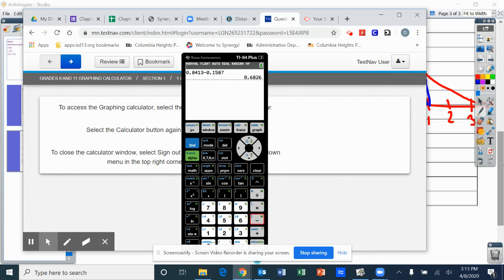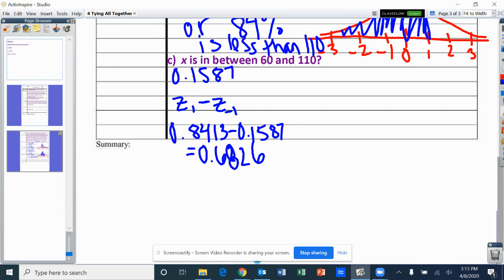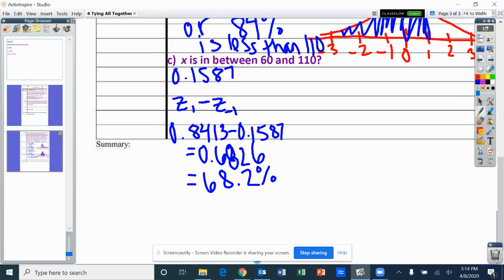And we get 0.6826. Or, because it's within 1 standard deviation of the mean, we get about 68%. Again, that goes back to our 68, 95, 99.7 rule.